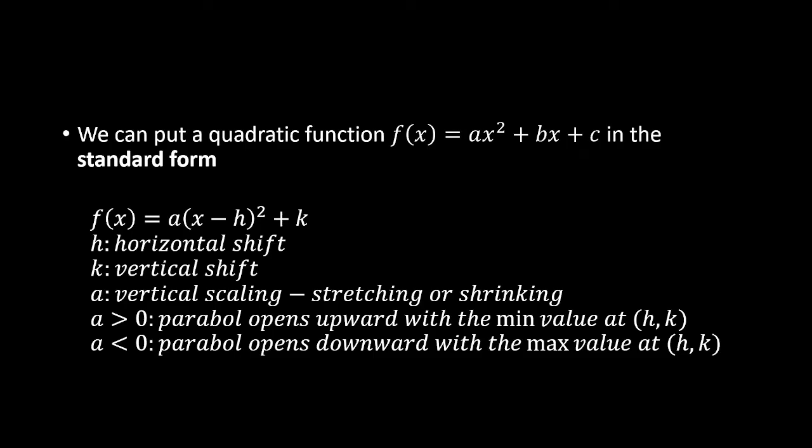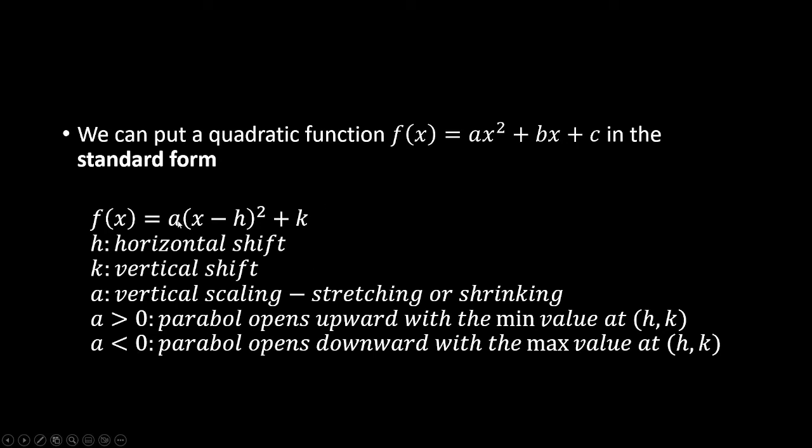So you have this quadratic function ax squared plus bx plus c. In standard form, it takes this form: a times (x minus h) squared plus k. The h tells you the horizontal shift, similar to what we did in chapter 2. The k is the vertical shift, it goes up or down.